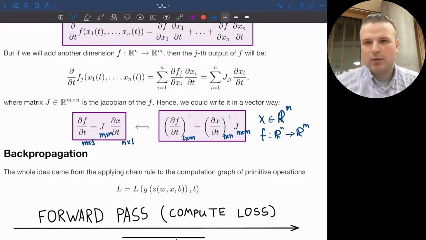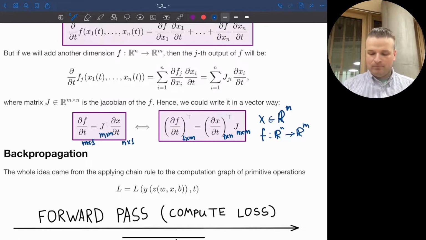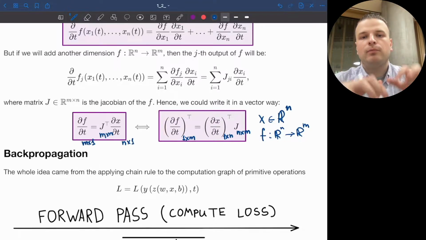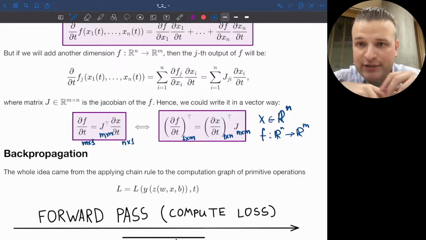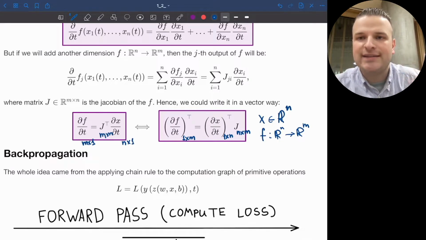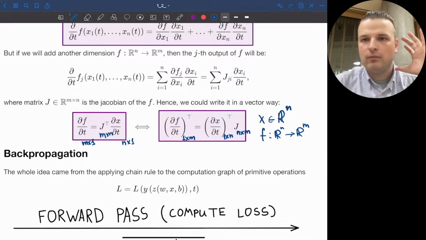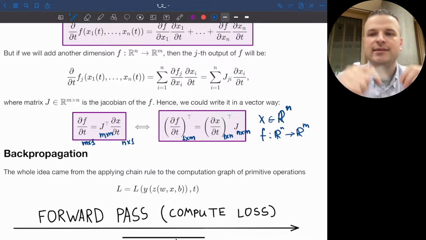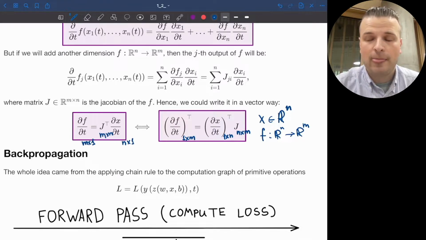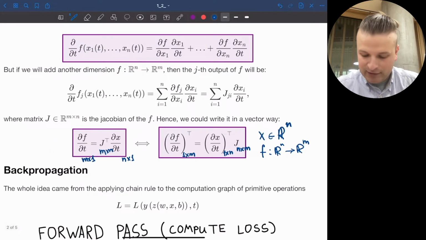But what is this formula about, actually? This formula actually allows us to propagate the derivative through some transformation. And that's the core idea of this formula. So imagine that we have some map from a vector space to a vector space, for example, multiplication on a matrix, a linear operator.